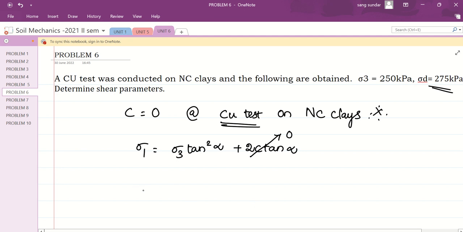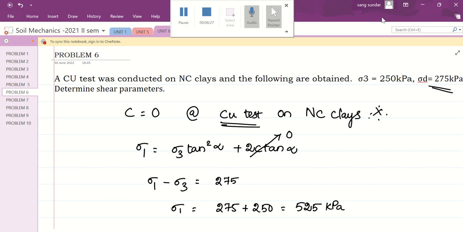So let us determine sigma 1 from sigma D. Sigma 3 is 250. So sigma 1 minus sigma 3 is 275 kPa. And sigma 1 is equal to 275 plus our sigma 3, 250 kPa. So add this 250, so you will get 525 kPa, right? So 525 kPa is your sigma 1 value.